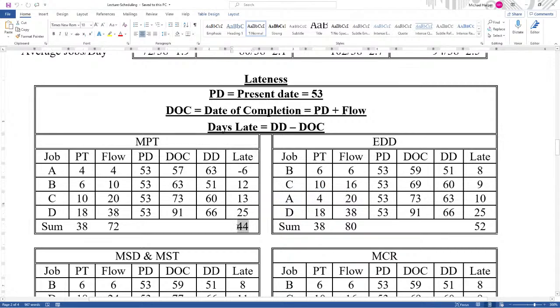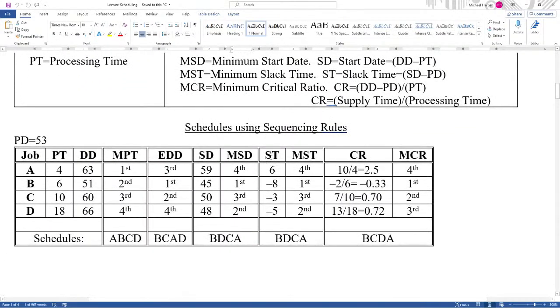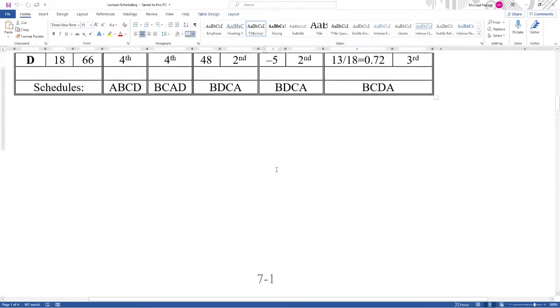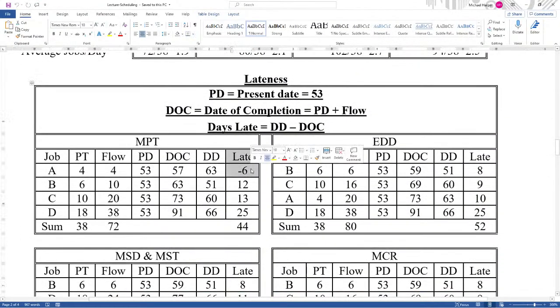I can add this up, and I'll call that the lateness. Well, we can see here how many days are late. Well, 3 will be late because they're greater than 0. Now notice A has a negative lateness, which means it's going to be early by 6 days. Well, the 6 days early is exactly what my slack time says. Okay, and so the lateness will also tell you the slack.